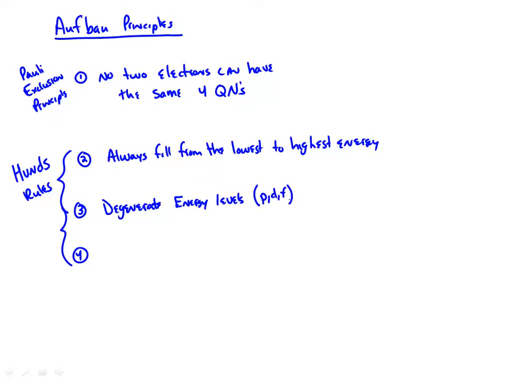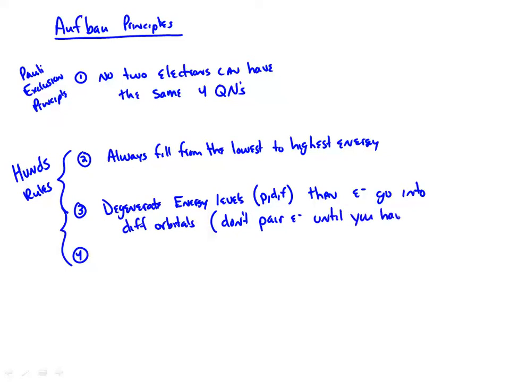Meaning they have orbitals that have the same energy, then electrons go into different orbitals, meaning don't pair up electrons until you have to. And we'll show this in an actual example here in a minute. We'll go through the first, say, 5 or 6 elements in the periodic table.